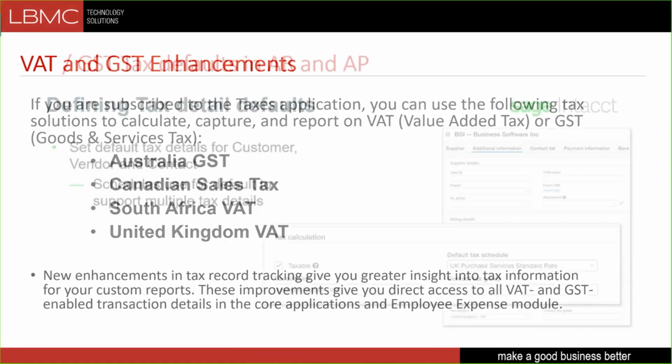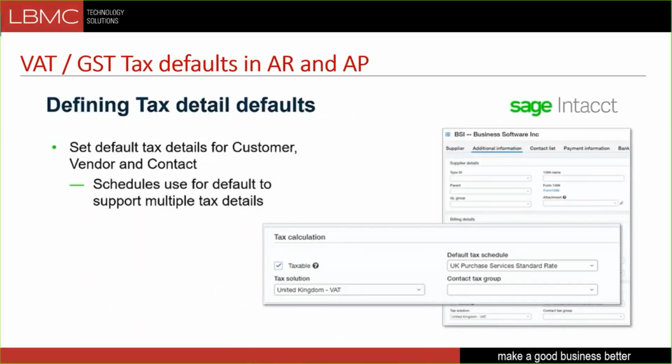So a customer or vendor, actually, you will have an option in the tax calculation. In that window, you will select one of those 4 solutions, and then you will set the default tax schedule and apply it to a particular customer or vendor or contact.